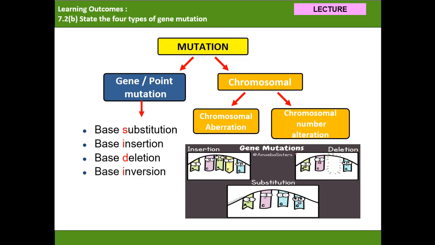Over here we have base deletion, so we delete a base. And over here we have base substitution, so we substitute a base. So you must remember and you must write down base in the front: base substitution, base insertion, base deletion, and also base inversion.